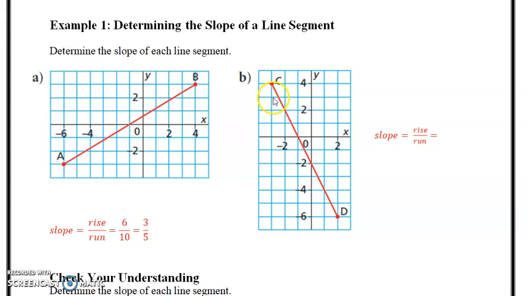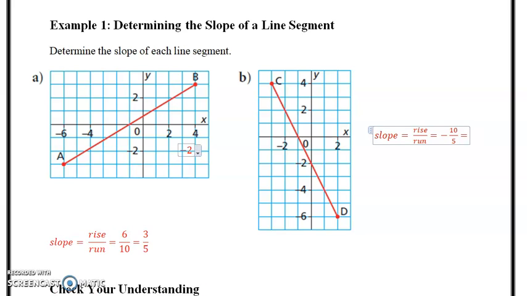So we're going to go down 1, 2, 3, 4, 5, 6, 7, 8, 9, 10. And then we're going to go right 1, 2, 3, 4, 5. So the rise, we still call it rise, but it's negative, so that means it's going to go down. So it's down 10 and right 5, which can be simplified to negative 2.